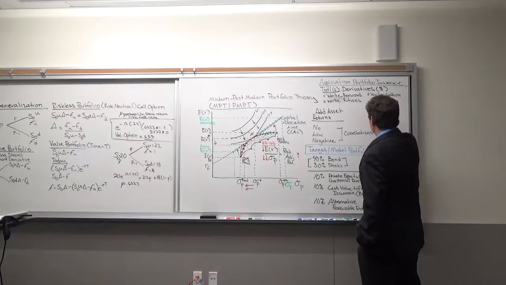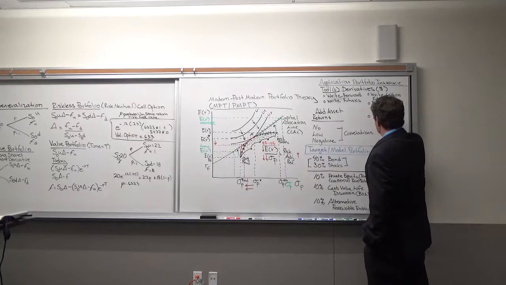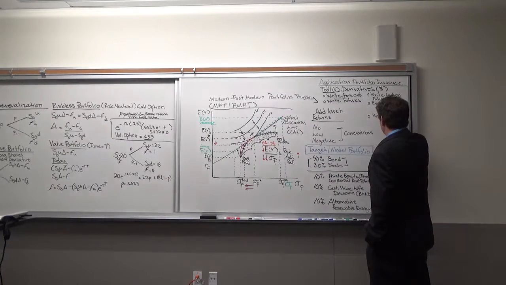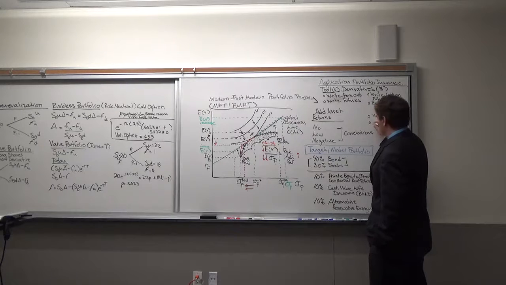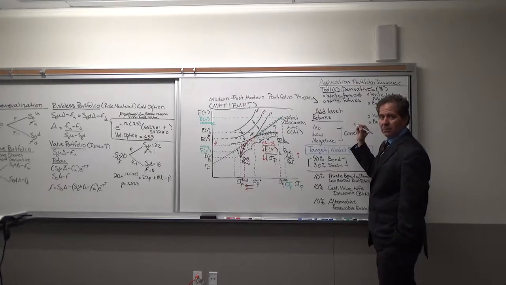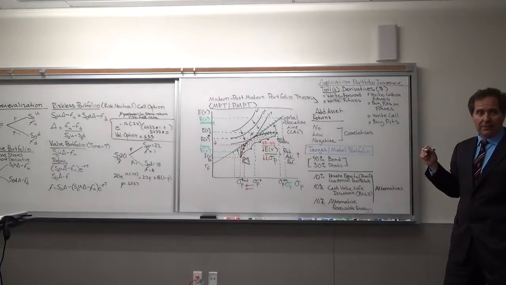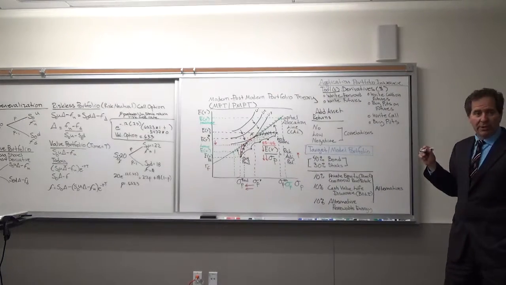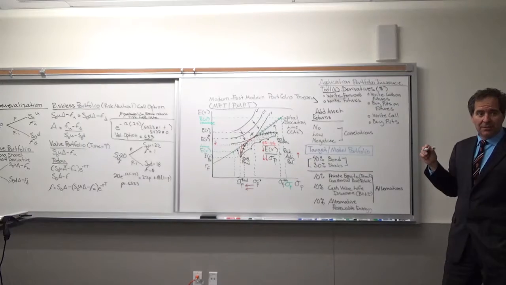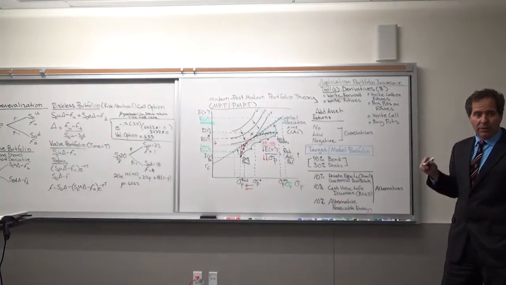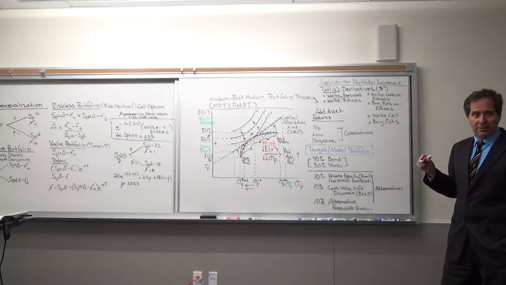We would write calls. What else? Buy puts on ETFs. Buy puts. We'd write the calls on the stock, we'd write the calls on the ETFs, buy the puts on the ETFs, buy the puts on the stocks, and then one more trade.